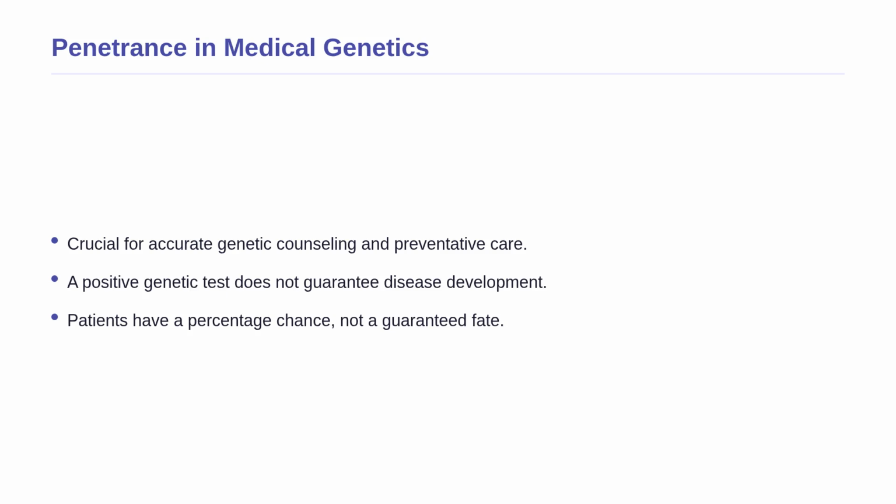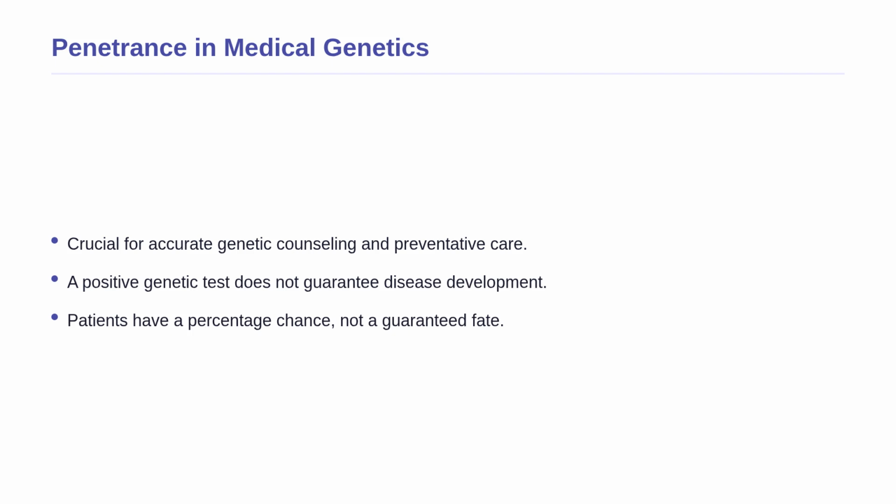Now that we understand what penetrance is, let us look at why it matters so much in the real world. Understanding penetrance is absolutely critical in medical genetics and genetic counseling. Imagine a patient tests positive for a genetic mutation linked to a severe disease like breast cancer.